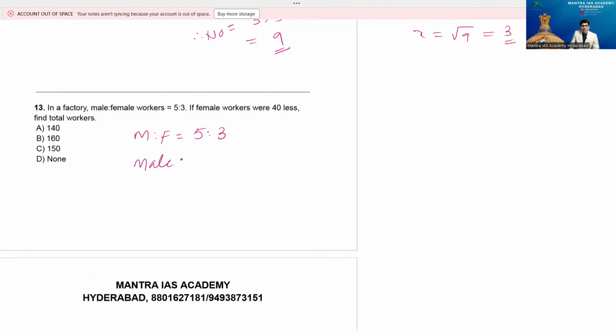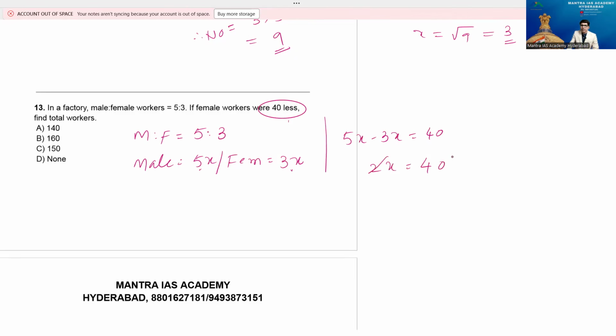Therefore, the number of males in this case is 5x and females is 3x. And female workers were 40 less than the male workers. So the difference between 5x and 3x is 40. You write that 5x minus 3x is equal to 40. Simply 2x is equal to 40.